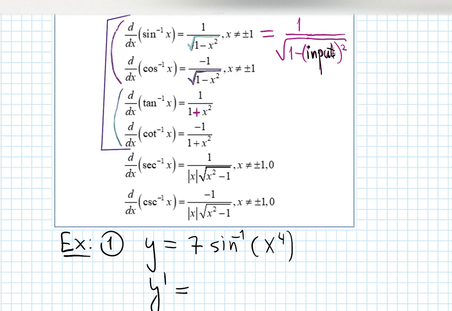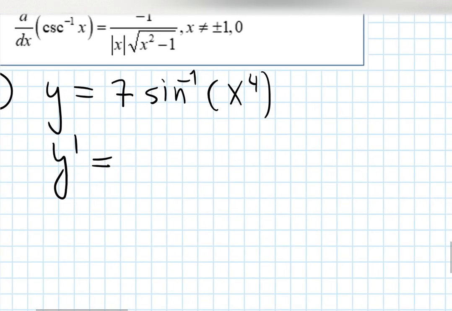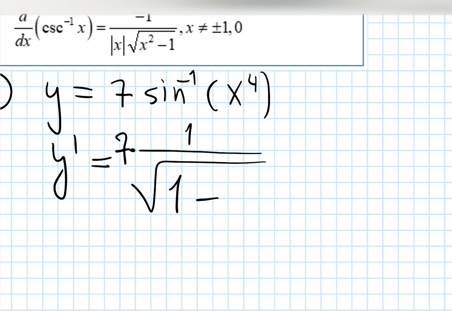So let's see. The formula says, like I told you, this is how I memorized it. Arcsine, so it's not negative, that's good. I remember it was a huge fraction, 1 over a huge square root. And it starts with 1 minus. That's like the picture I see in my mind. That's the derivative of arcsine. Okay, there's a 7 in front just because the example has 7 in front of it.